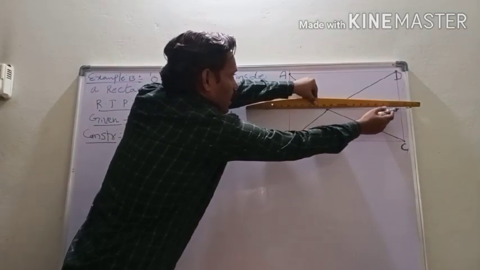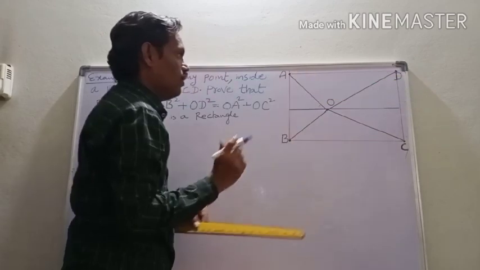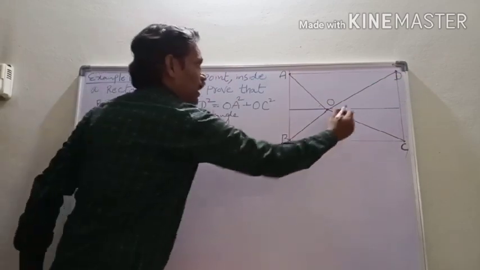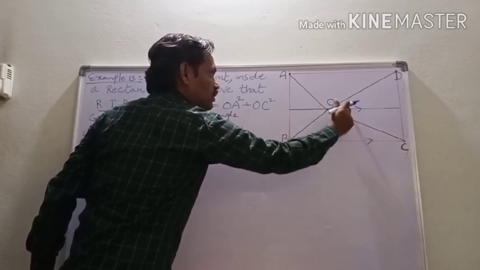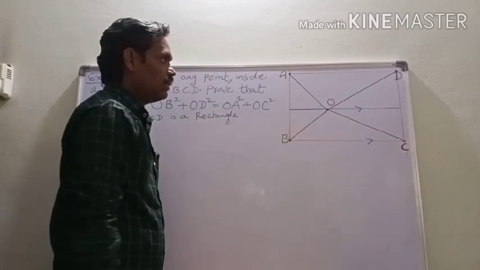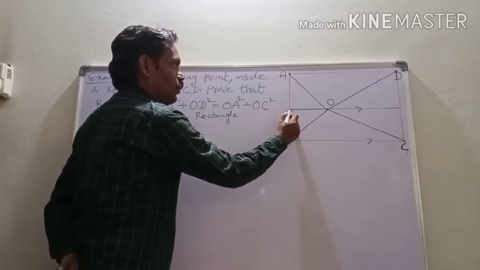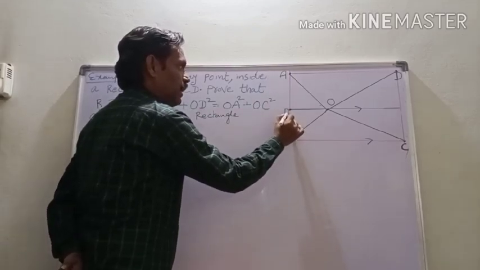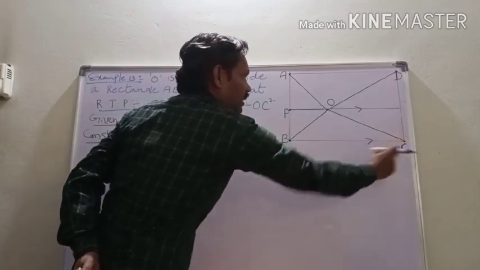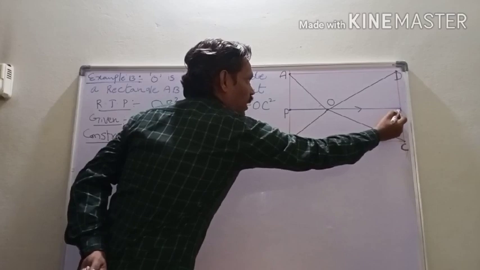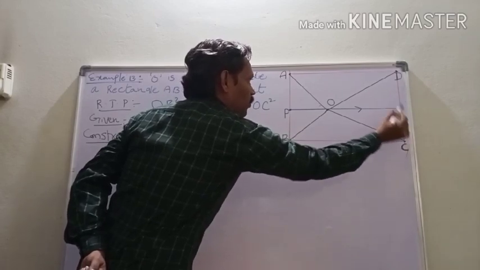You put an arrow mark here and here, showing these both are parallel lines. So this line meets AB at a point, you can take it as P. Again, this line meets DC at this point, you can take this as Q.